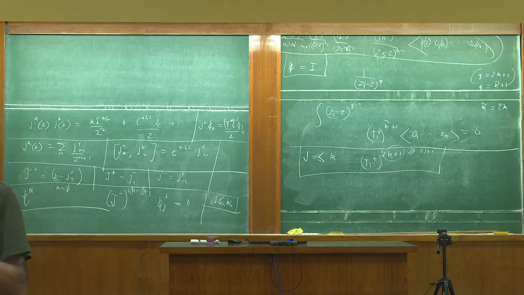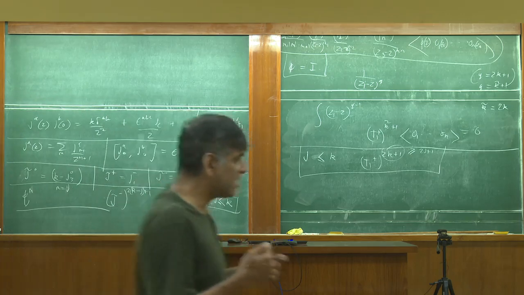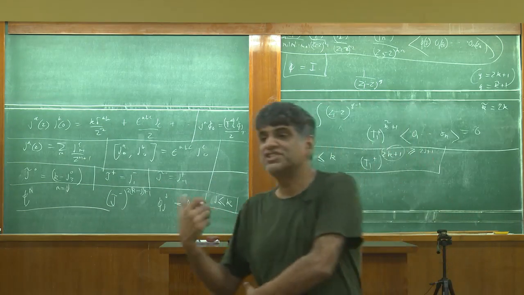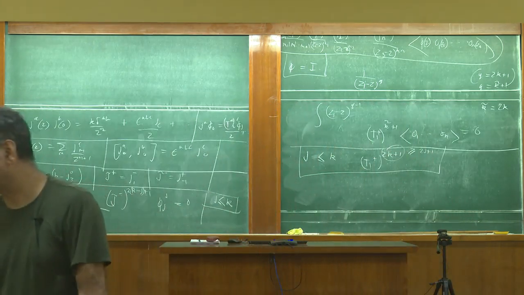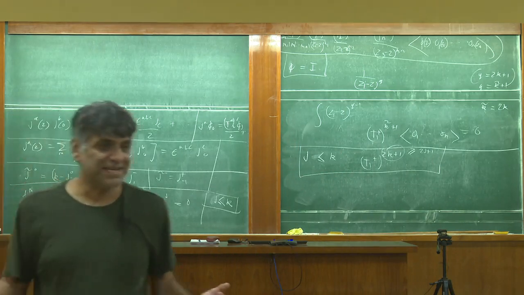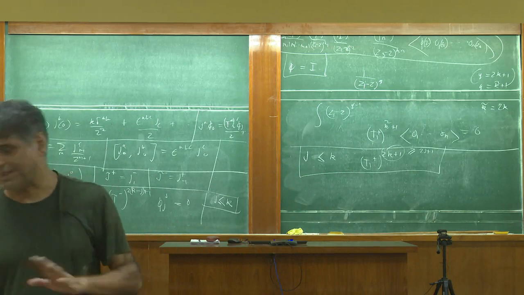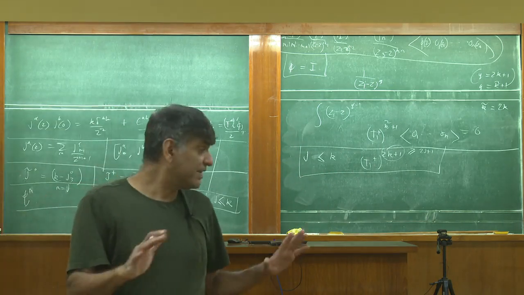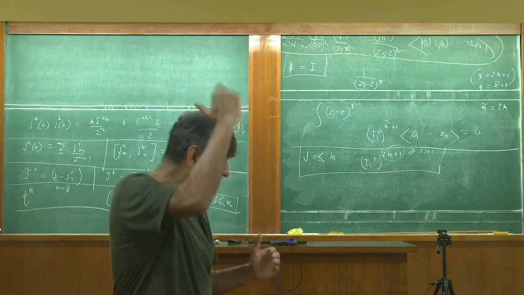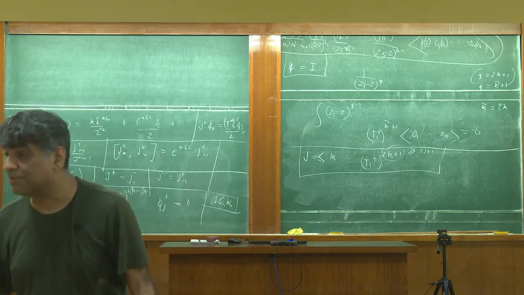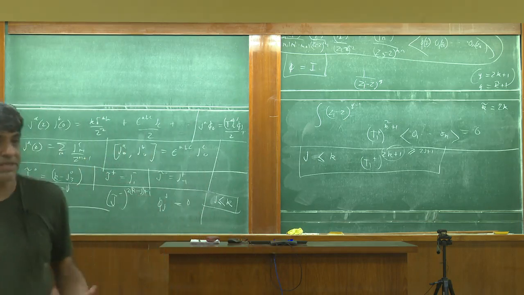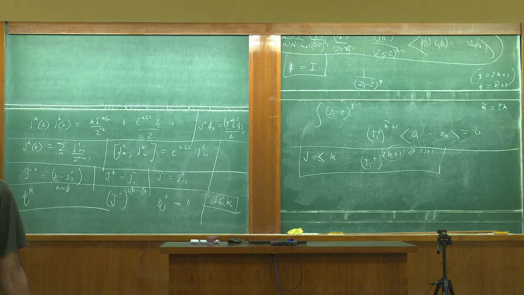Sometimes people call representations with J less than or equal to K integrable representations. I've never understood why this name is used; there's probably some mathematical reason for it. And they call representations with J greater than K non-integrable representations. So this result is worded as the statement that correlators involving even one non-integrable representation, with any number of integrable representations, always vanish.